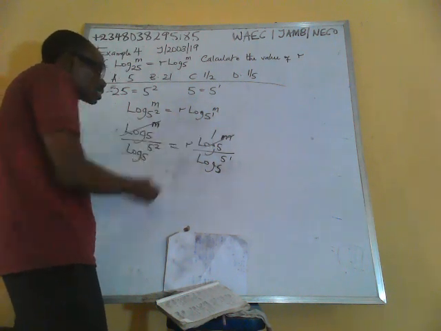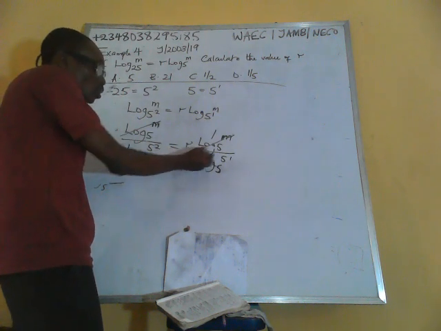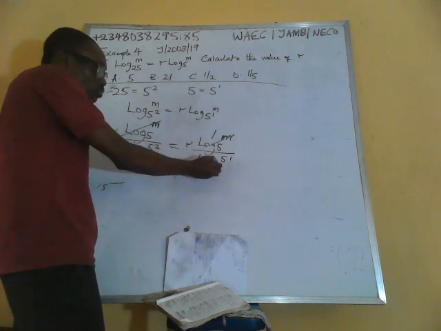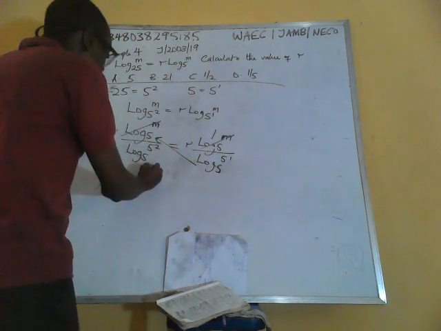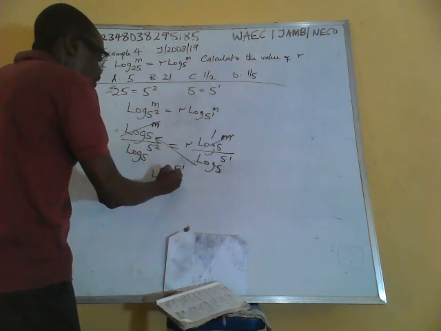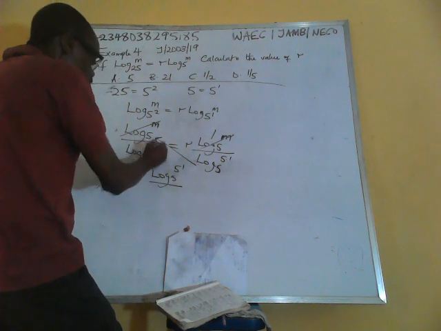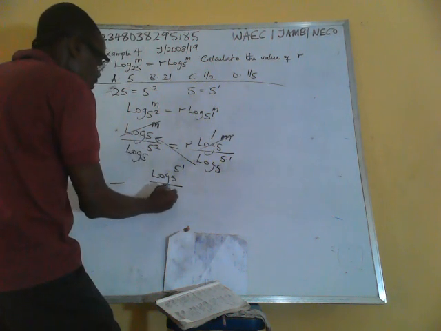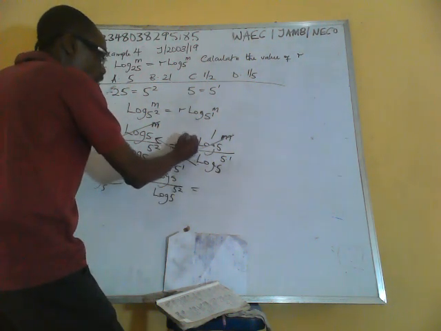Next, we bring log 5 raised to power 1 base 5 up here. And we now have log 5 raised to power 1 base 5 all over log 5 raised to power 2 base 5 equal to r, which is still remaining.